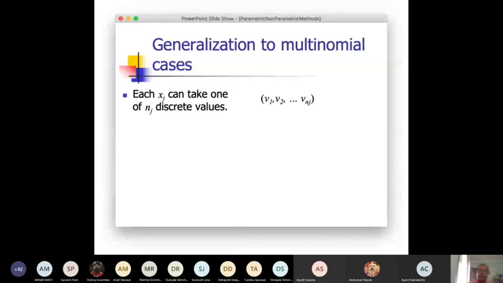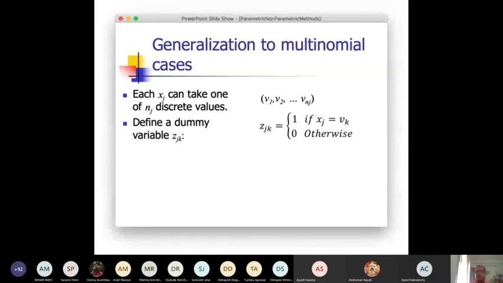That means we convert the attribute variable xj to nj variables zjk. So you get a sum of nj discrete variables.